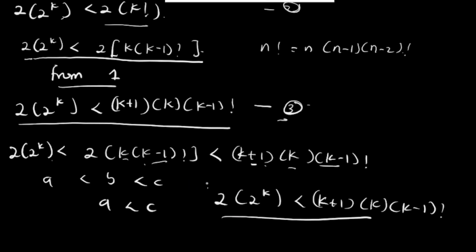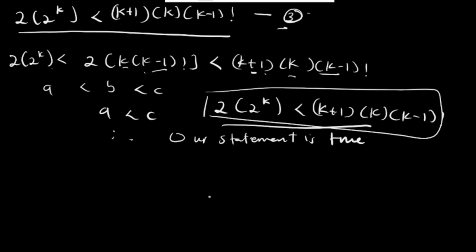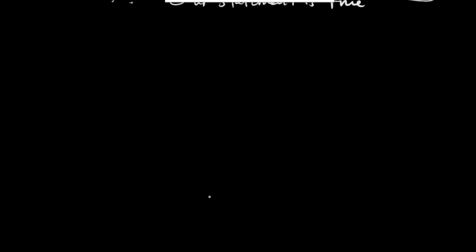So that makes this true, and therefore our statement is true. So therefore our statement is true. So this is how we go by the inequality and the factorial problem.